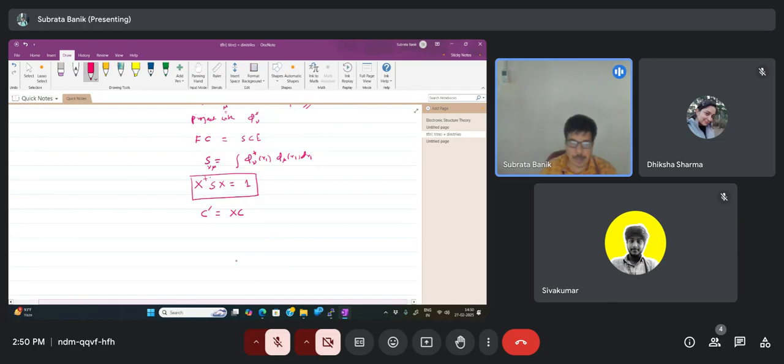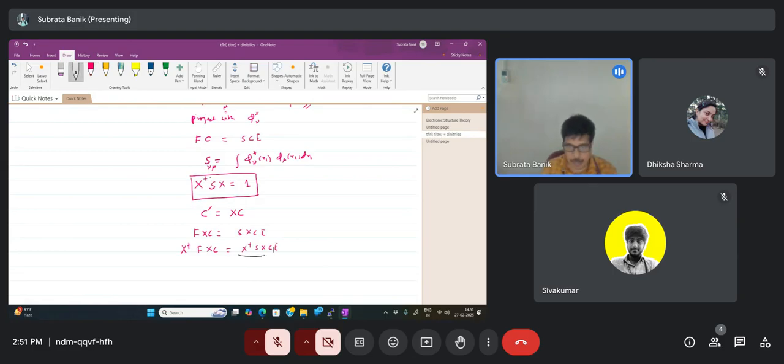So now what we have done, we made this equation: F of X C prime equal to S X C prime. And then we do this transformation with X dagger: X dagger S X equals 1.